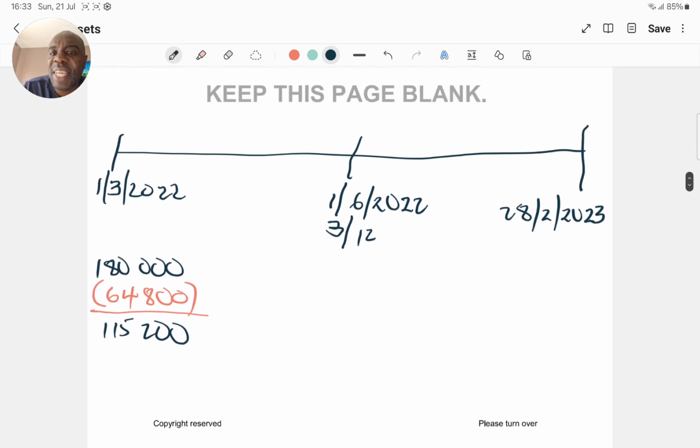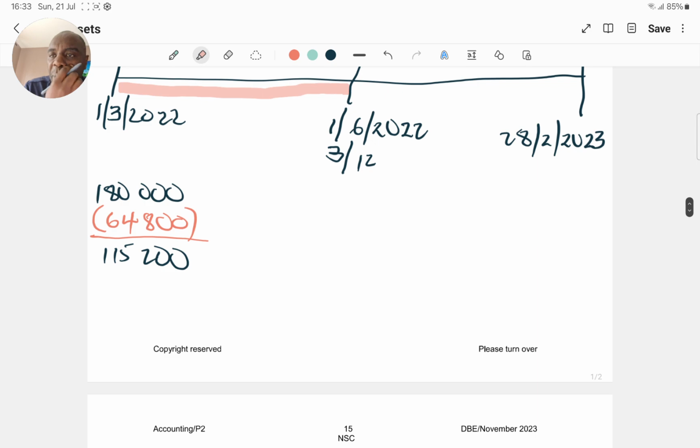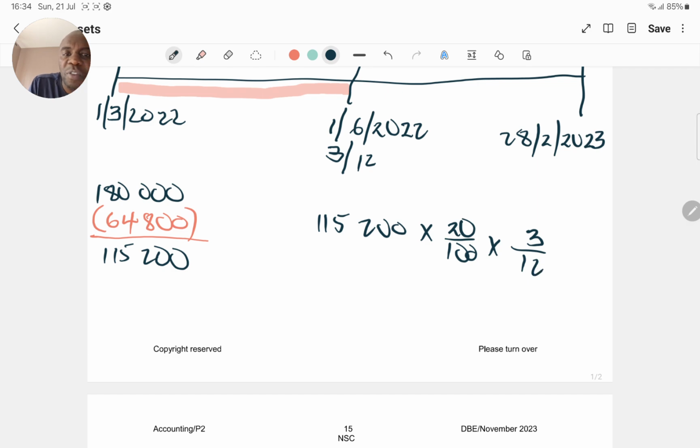Then we use this asset for a further 3 months. That means it went on to lose more value. So since we are calculating our depreciation based on the book value, we are going to calculate depreciation on the 115,200. So I'm going to say 115,200 times 20%, which is the rate, times 3/12.